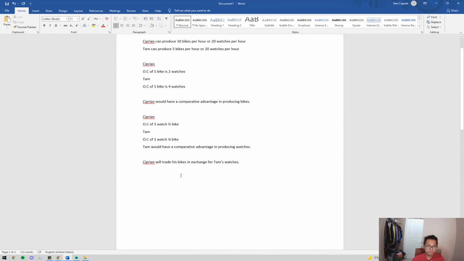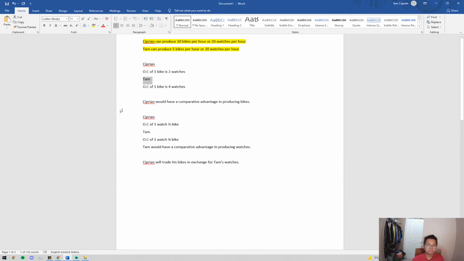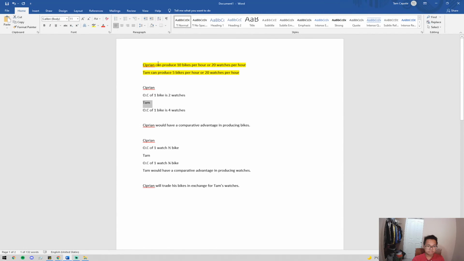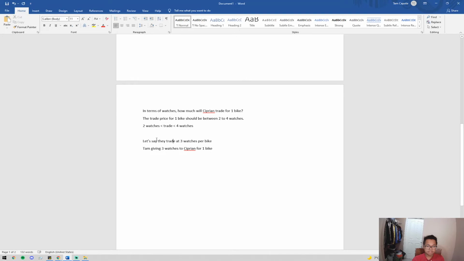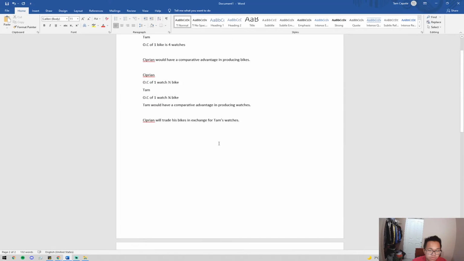So if we look at the scenario before they're trading, I think it's this one right here. So this is before trading, and then this is after trading. Giving 3 watches to Cyprian for one bike.